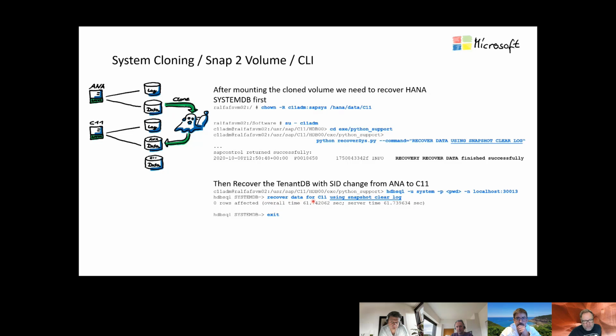You call recover data for C11, and while you specify that C11, HANA automatically changes that information from ANA to C11 for you. And the same here using snapshot clear log. Once this is finished, you have already created your clone system, and afterwards you can destroy and delete the old C11 if you like.